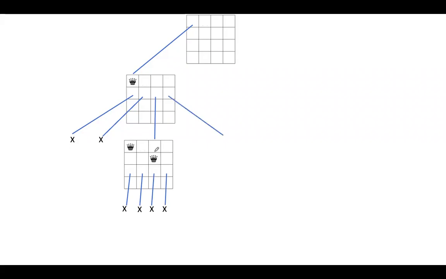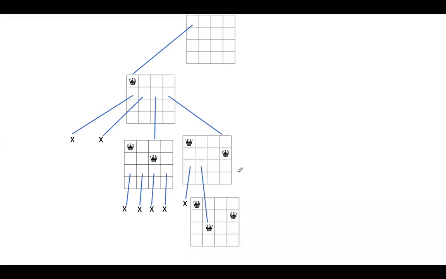So this step was not correct. We'll trace back, we'll go back, and we'll try to place the second queen in the fourth column. If you place it here, the third queen we can place at this location. But again, there is no place for the fourth queen. So when this is the condition, we'll come back to this box and try to place the third queen here.